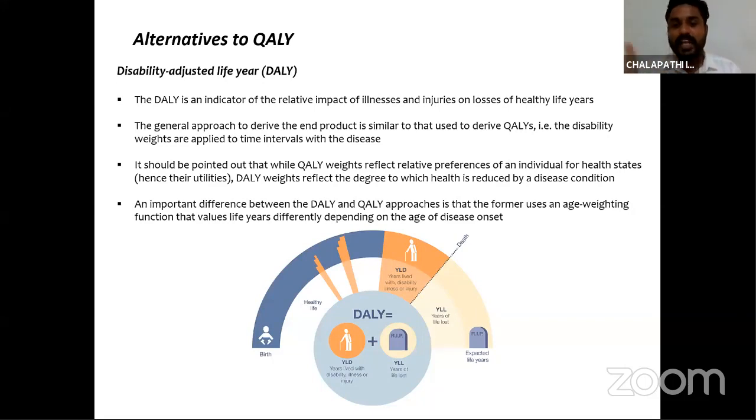If we simply calculated, he lost 20 due to his disability and 20 due to the death, so there is a chance we calculate 40, but it is not 40. That is where the utility measure has an important role in the calculation of DALY as well as QALY. So the calculation is 20 plus 4, which is equal to 24 years he lost. That is the calculation of DALY.